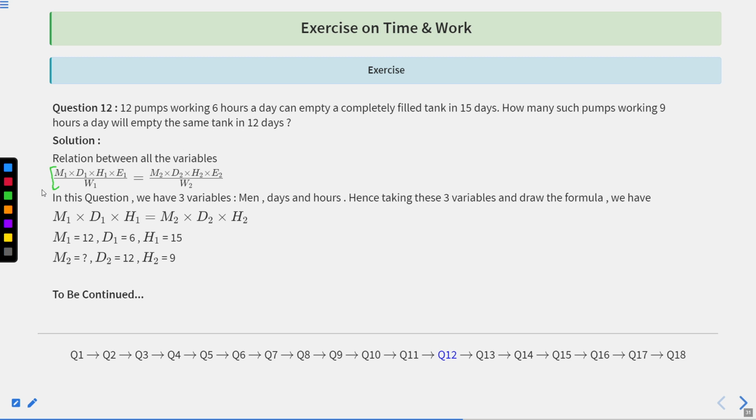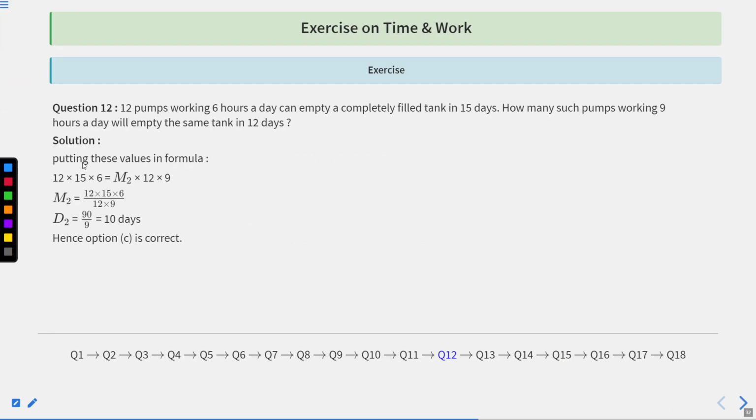In this question we have M1 equal to 12, D1 equal to 6, H1 equal to 15. Okay. Now M2 is unknown, D2 is 12 and H2 is 9.